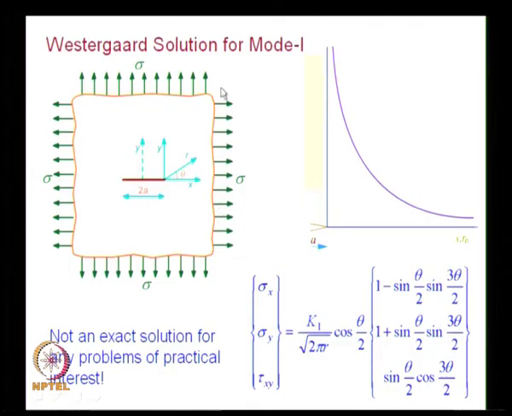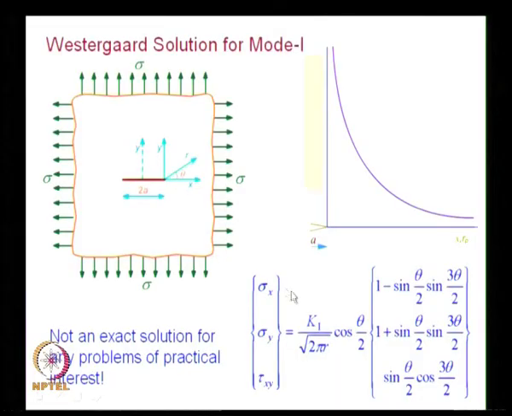You are only looking at the remote loading. The remote loading loses its significance as long as the crack faces open up. In the near vicinity, how near, that is problem dependent. We are not qualifying what is the value of that distance, that is problem dependent. People have found out that singularity dominated zone size varies from problem to problem.